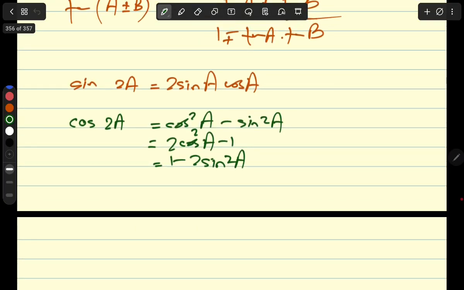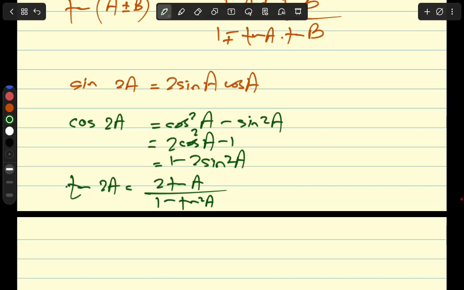We also did tan 2A, which is 2 tan A over 1 minus tan squared A. Finally, we looked at examiner style proofs and exact value questions in our last lesson.